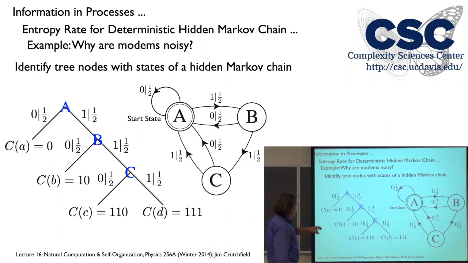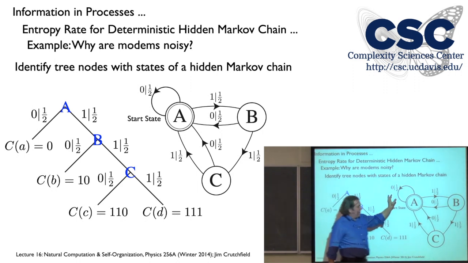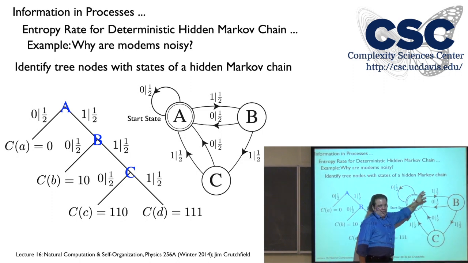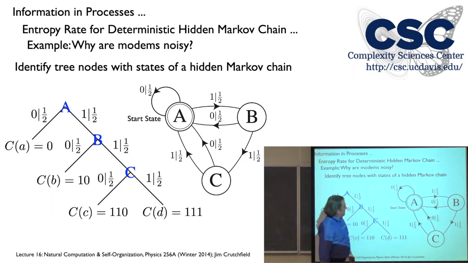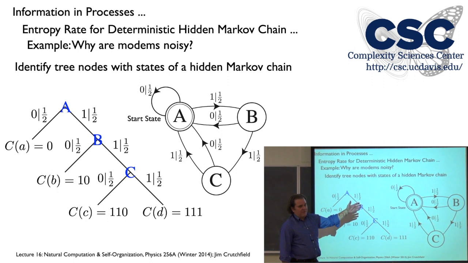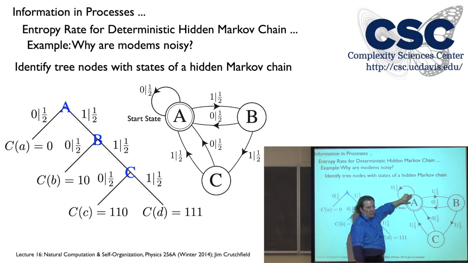So here's how we can think about that. There are these internal states of this mechanism, this box I'm designing, call these big A, B, C. And here's an exactly equivalent hidden Markov model for this encoder. I'm denoting the starting top tree node with this little double circle.